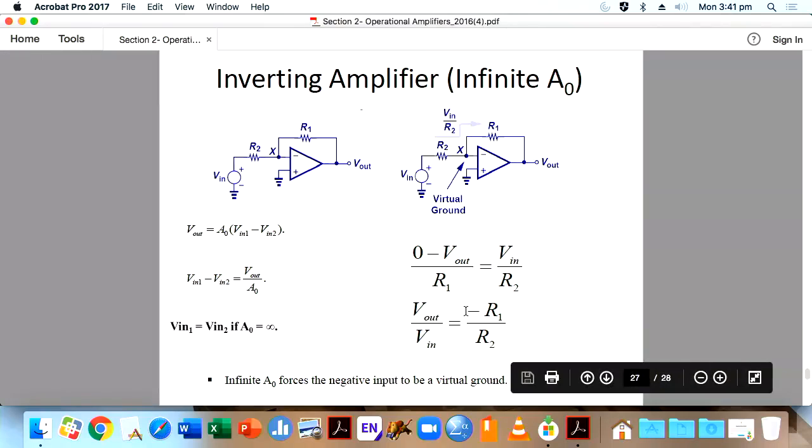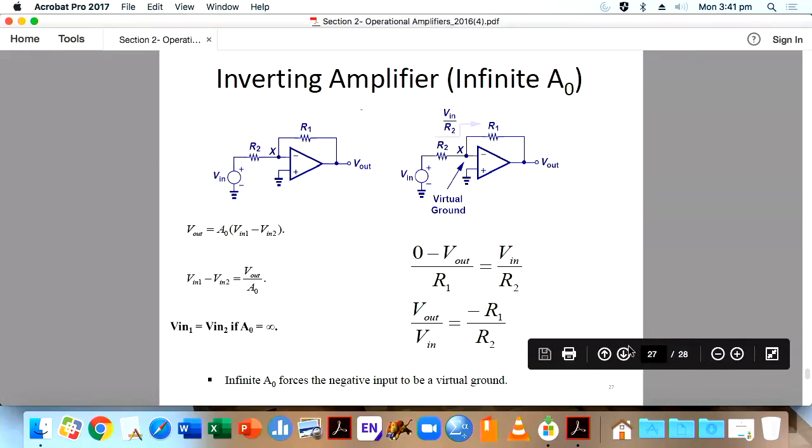That is the reason you are getting a negative sign. And again it depends only on the ratio of resistances, R1 by R2. It is independent of the open loop gain A0. So infinite A0 forces the negative input to be a virtual ground, equivalent to this ground.